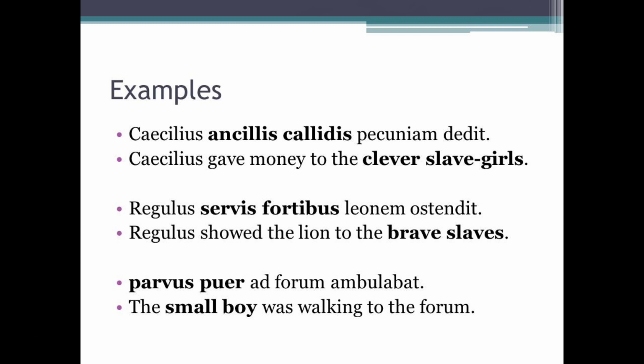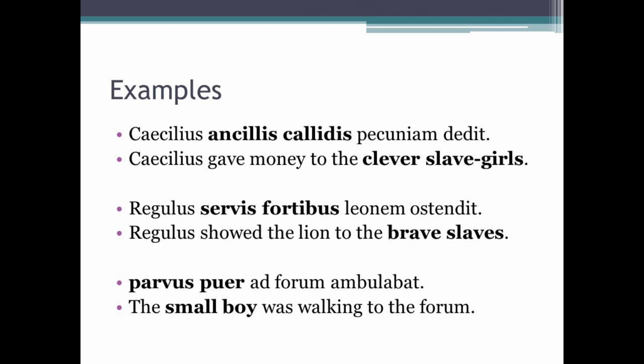Now let's have a look at a few examples. Caecilius ancillis callidis pecuniam dedit. Caecilius gave money to the clever slave girls. Regulus servis fortibus leonem ostendit. Regulus showed the lion to the brave slaves.